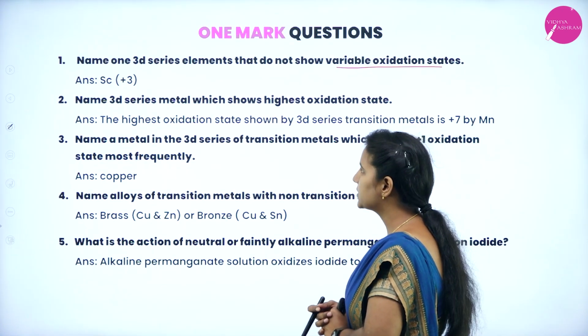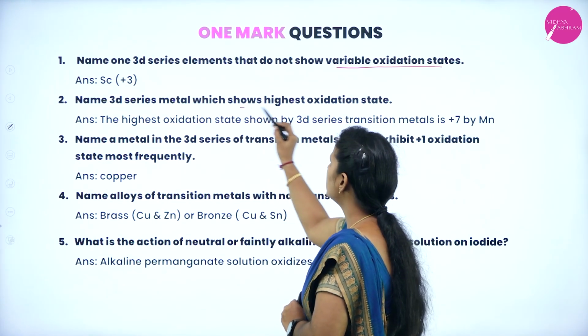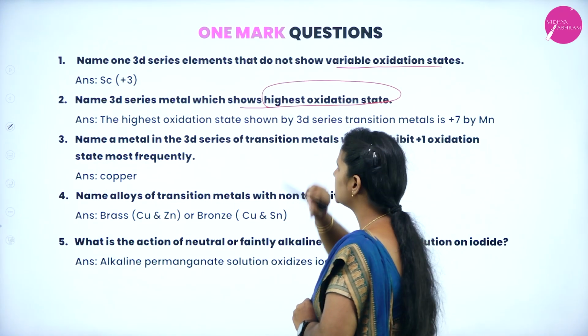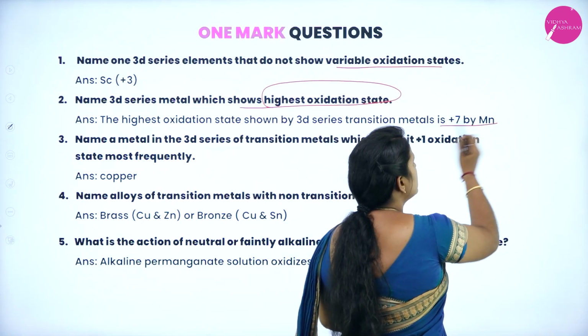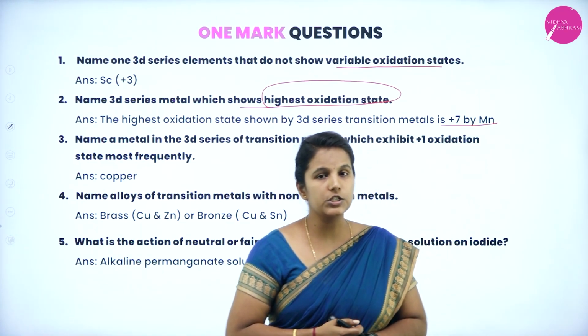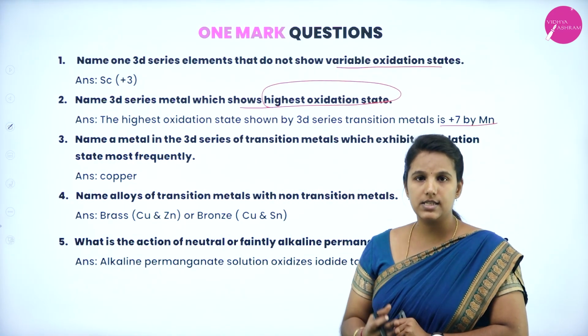Coming to the next question, name the 3d series metal which shows the highest oxidation state. We all know that manganese is the only element which shows the +7 oxidation state, and that too it is the maximum in the 3d series.